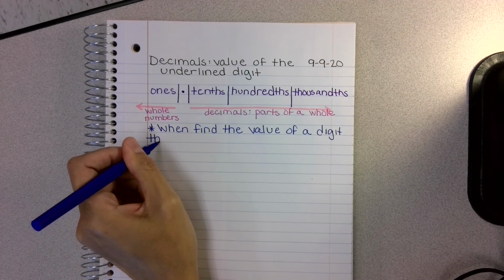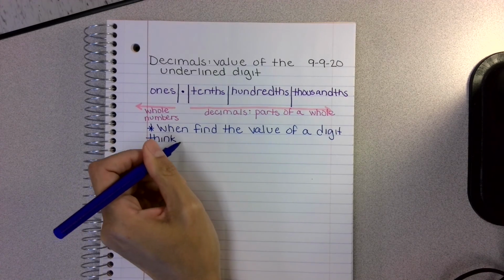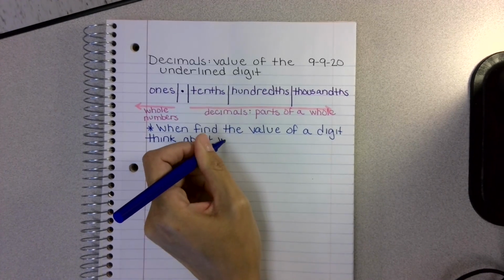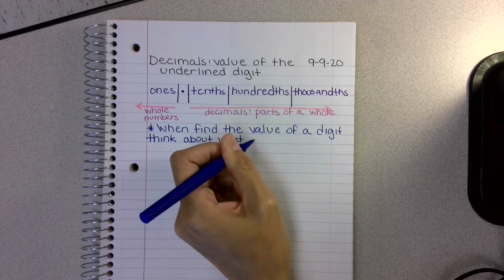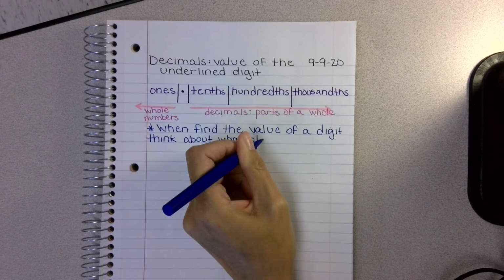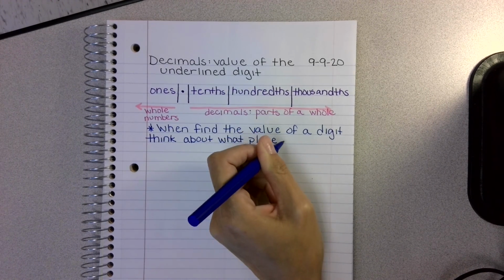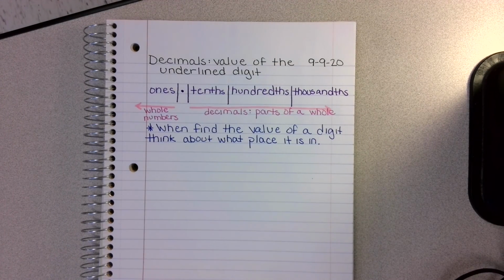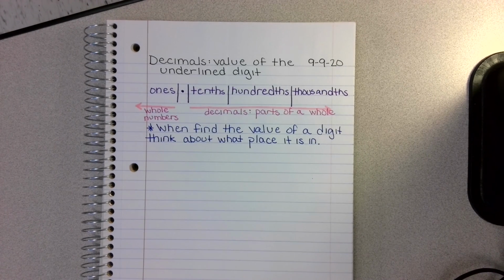Think about what place it is in. Okay, so you need to know place value in order to do this.